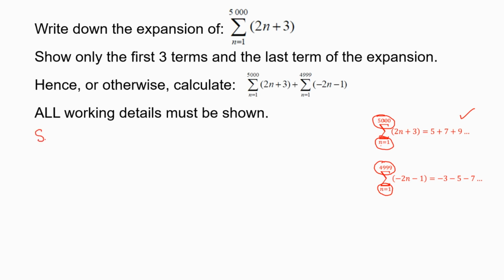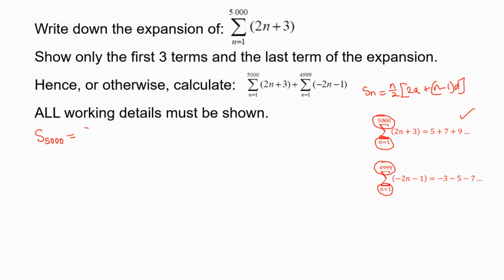So a sum of 5,000 terms is equal to, and then we have our arithmetic series formula. Remember it. Let me just write it here at the top. Sn is equal to n over 2 times (2a plus (n minus 1)d). That's the formula we're going to use.